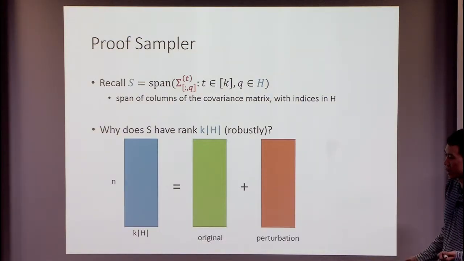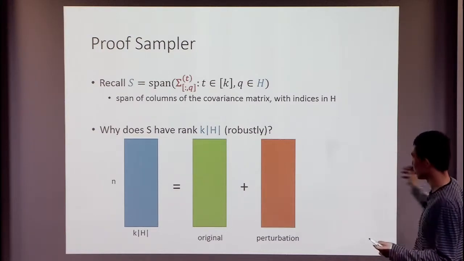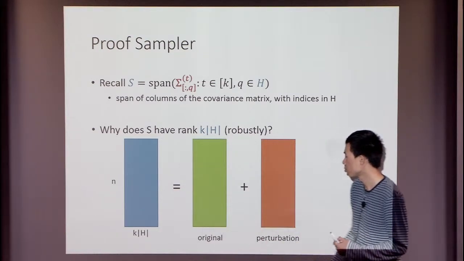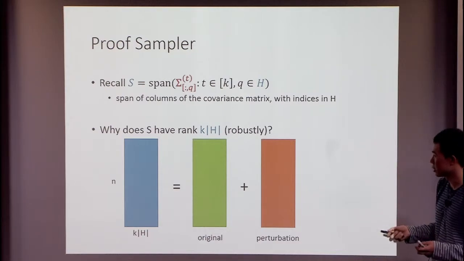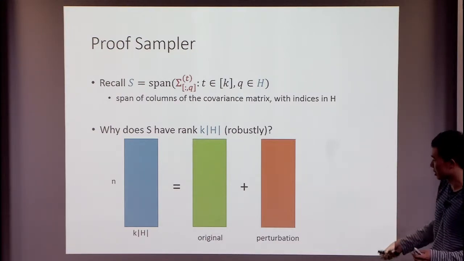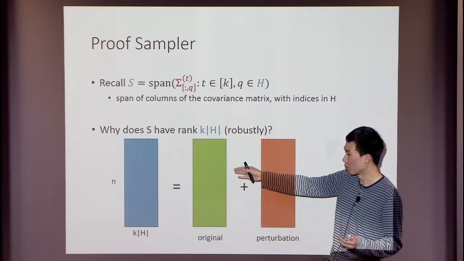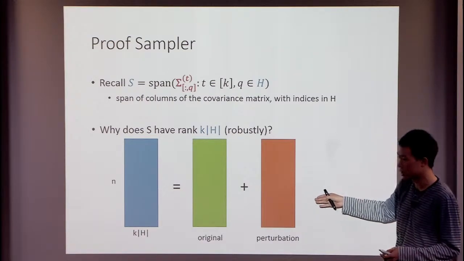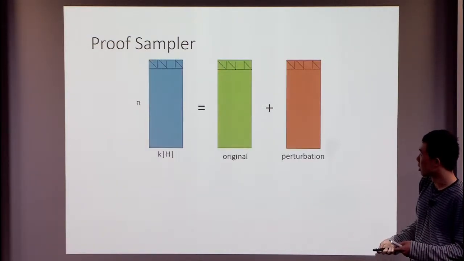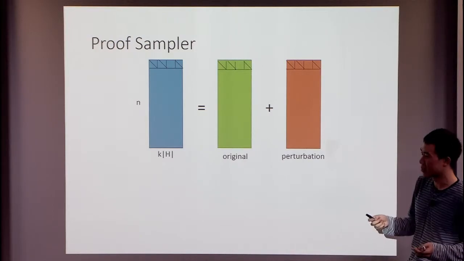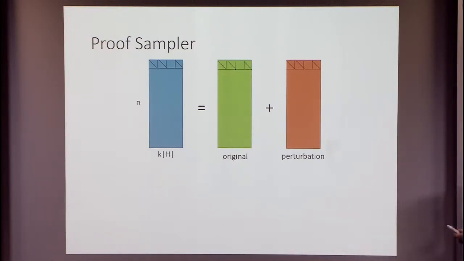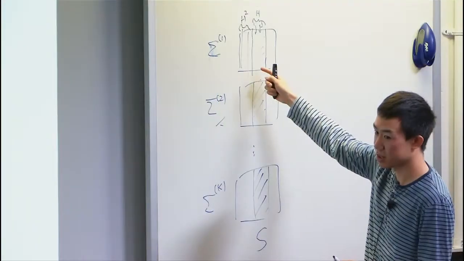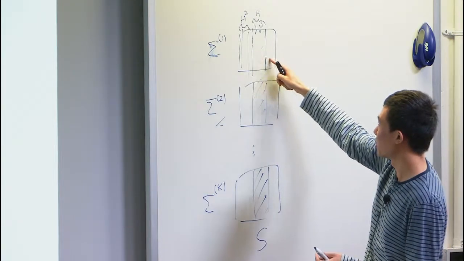So how do we prove that? Well, we collect all these columns to form this matrix. But by the smooth analysis framework, this is equal to some original worst-case instance plus a perturbation. All these matrices have some structure as they are columns from the covariance matrices, so they have some symmetric structure.